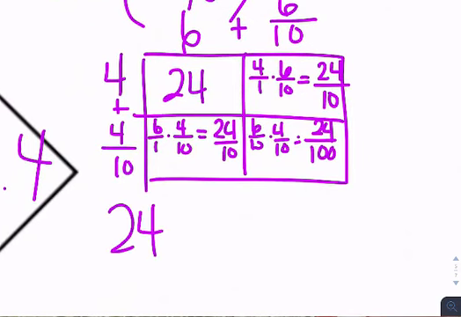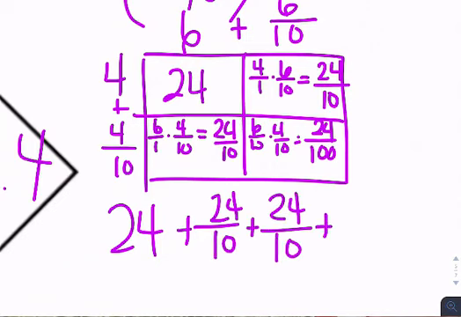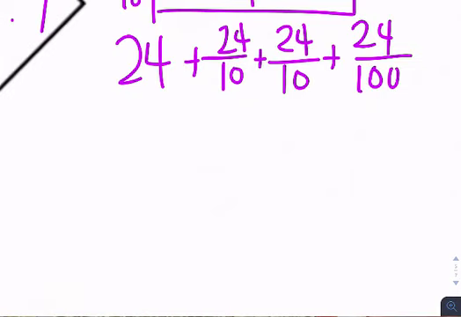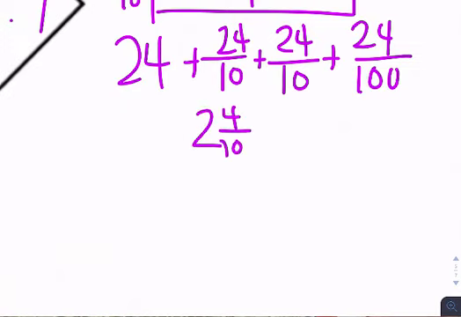So I have 24 plus 24/10 plus 24/10 plus 24/100ths. You have to think about the way that makes the most sense to you. So I know that 24/10 is really 2 and 4/10.